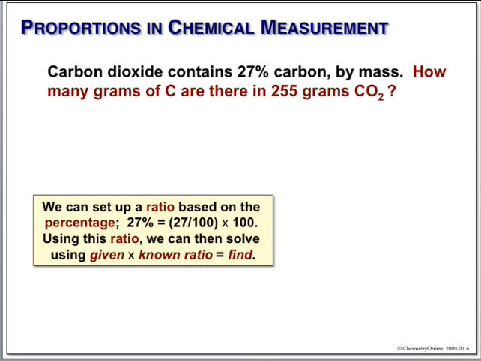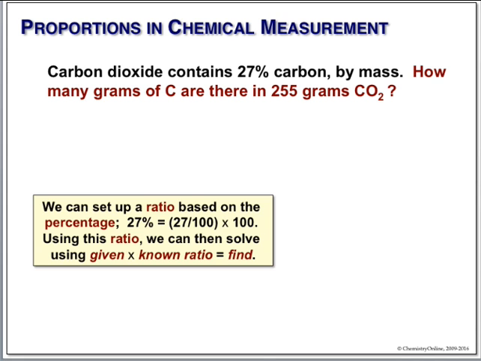But if we have 255 grams of CO2, how much carbon do we have? Well, again, what we're going to do is set up a ratio based on our percentage. 27 out of 100.